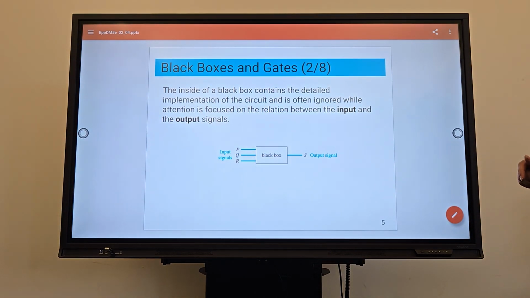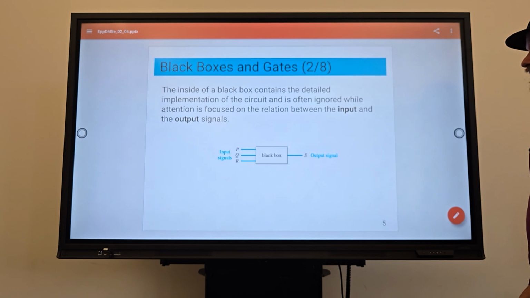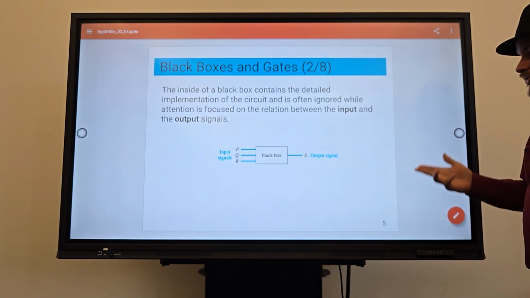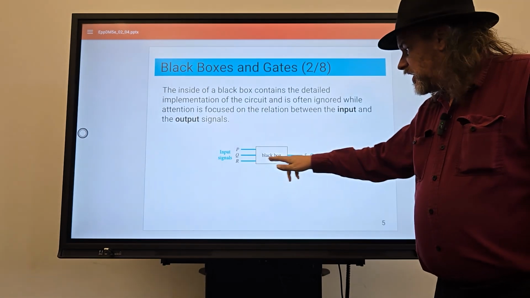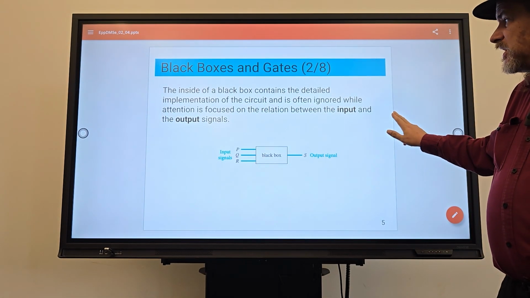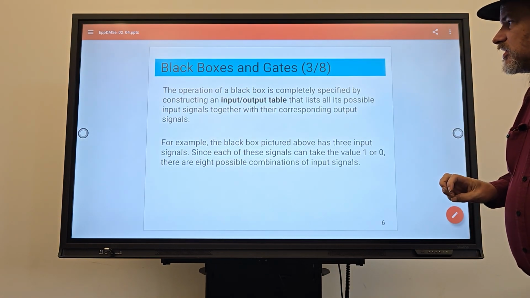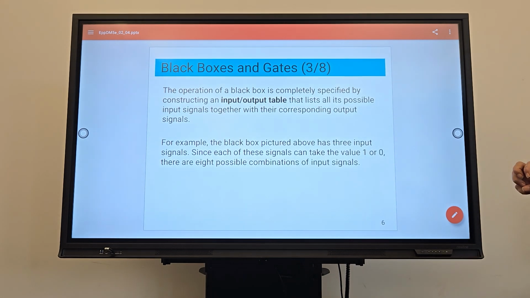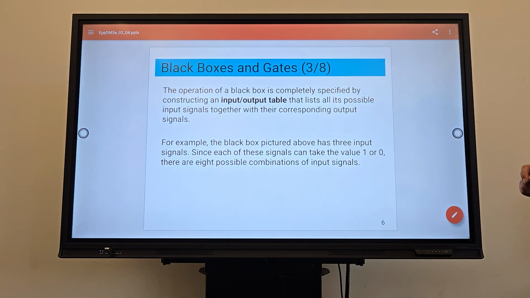Inside the black box is the detailed implementation of the circuit. Just like I said, focus on input signals and output signals. The operation of the black box is specified by an input-output table, kind of like a truth table.